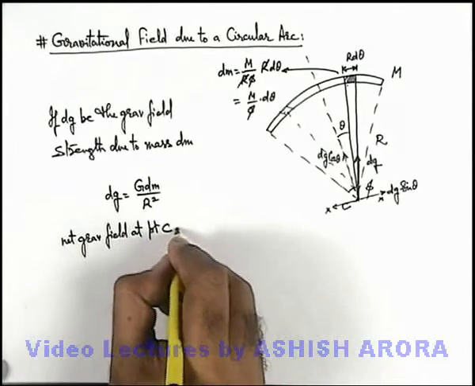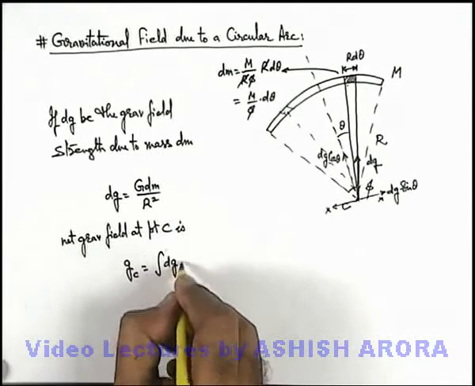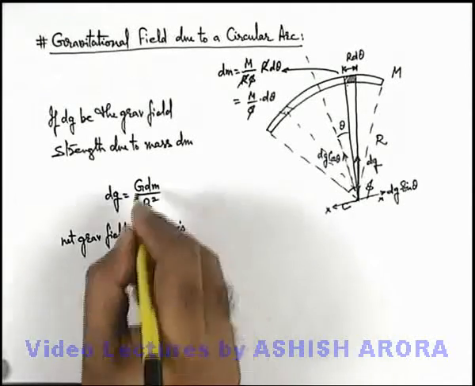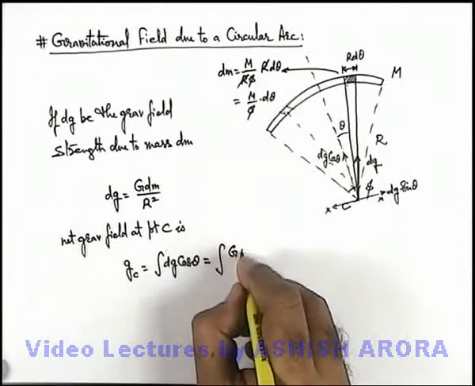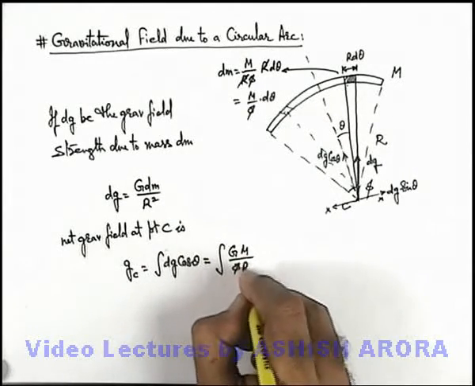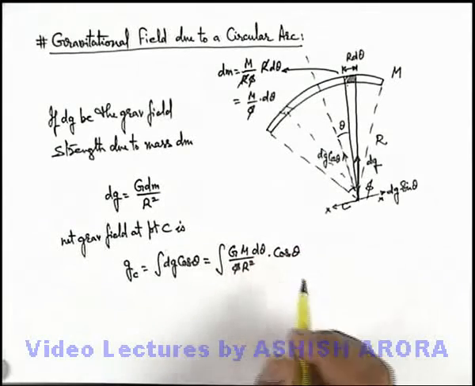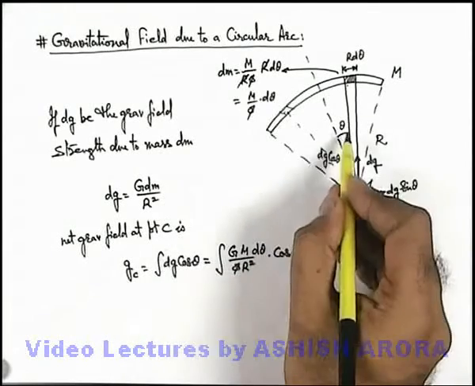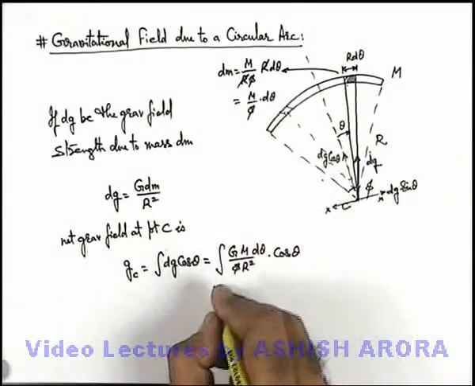So we can write the net gravitational field at point C as the integration of dg cos theta, and if we substitute the value of dg, it will be G dm. I can substitute dm as m by phi d theta, so dg is G m by phi r square d theta, multiplied by cos theta, and the angle theta will vary from minus phi by 2 to plus phi by 2, which I need to integrate.